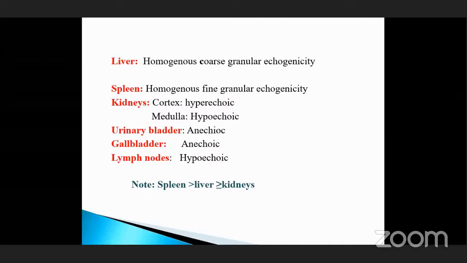All these terms are relative only. We compare the echogenicity of an organ with the adjacent organ. So these are relative terms, and generally spleen is hyperechoic than liver, and liver may be hyperechoic or isoechoic to kidneys in case of dogs.